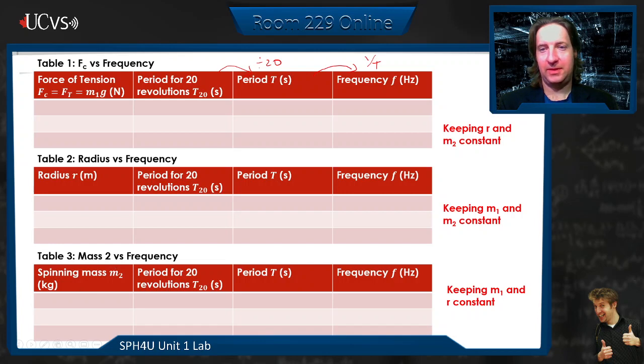So we're going to change the spinning mass, measure 20 revolutions, calculate the period, calculate the frequency, and write down the M1 and R, the hanging mass and the radius. If you have the hanging mass, that means we can calculate the centripetal force, right? Anytime we have M1, remember that M1 is related to the centripetal force.